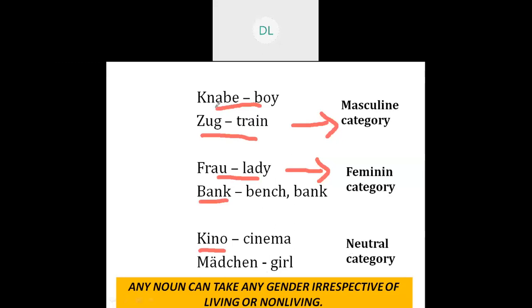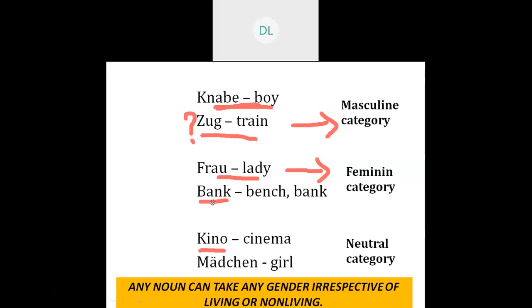So here there's a noun called Knabe, that is the boy, male, masculine, and in German also it is in the masculine category, no problem, as in English. But there's a noun called Zug, meaning the train. But where is it coming? It is coming under the masculine category. How come? Why? Next one, Frau, lady, feminine category, as in English, no problem.